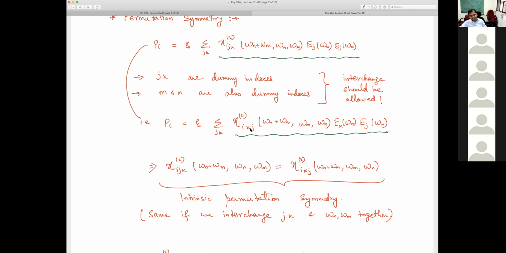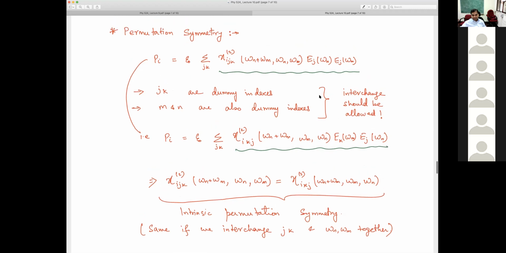So here, since I've changed the indices, Ek comes with the omega m now, the second frequency, and the third index comes with the omega n. Okay, and I've done nothing. I've just done some juggling, redefinition of which one I'll call omega m, which one I'll call omega n. Okay, so nothing physically has changed. So these two have to be identical, right?